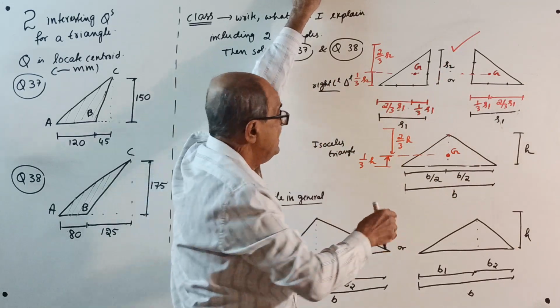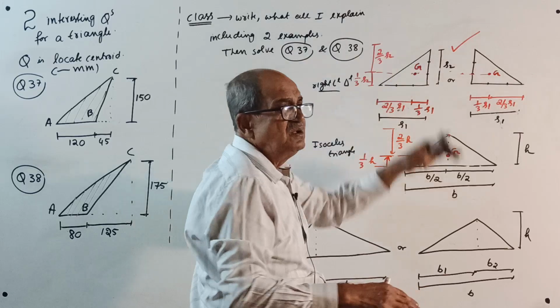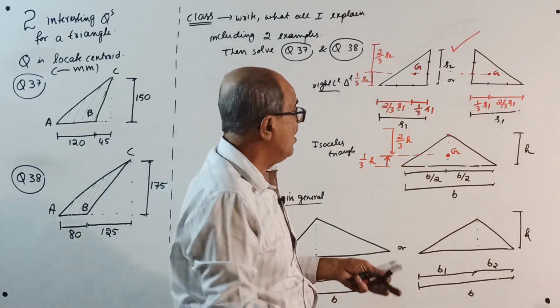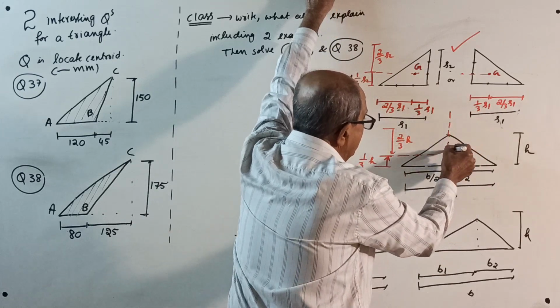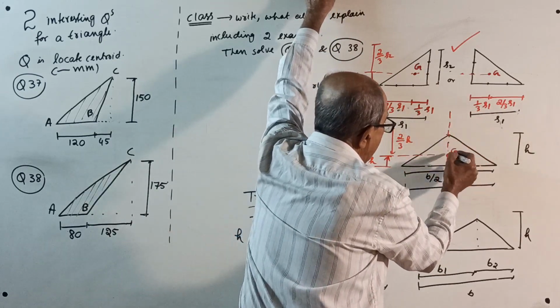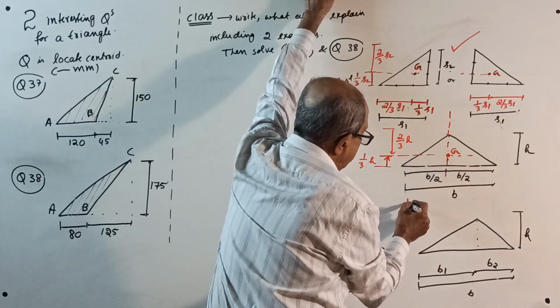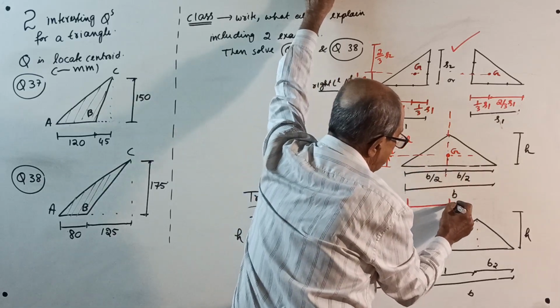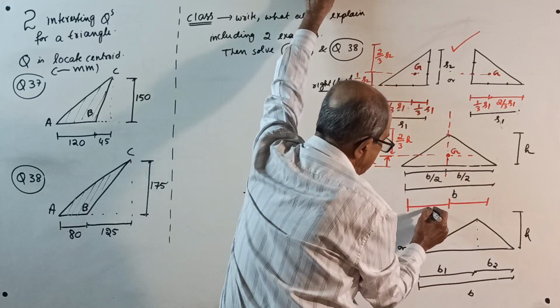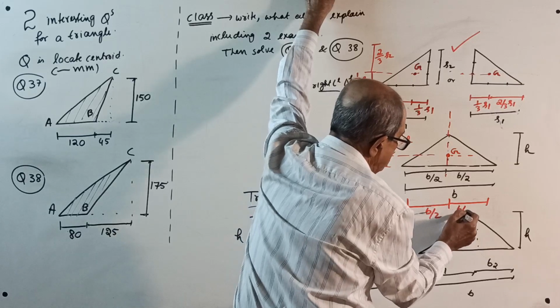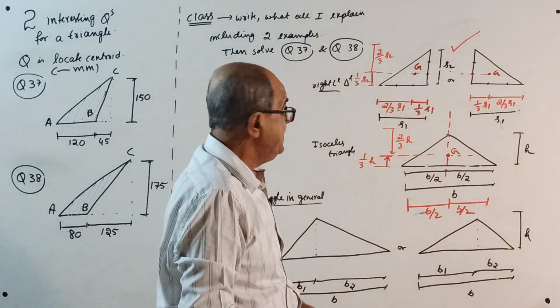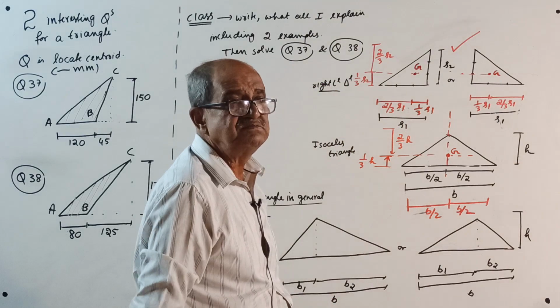What about the base? Along the base, there is no direct answer needed because it is symmetrical, this is the axis of symmetry. Therefore, the centroid lies directly on it, and from here to the centroid will be B by 2 and B by 2. This I also explained very clearly earlier.